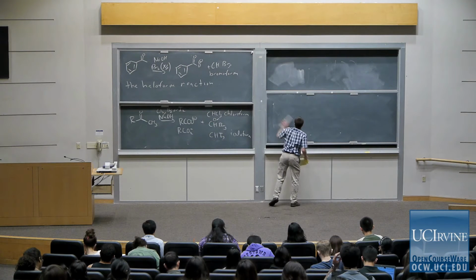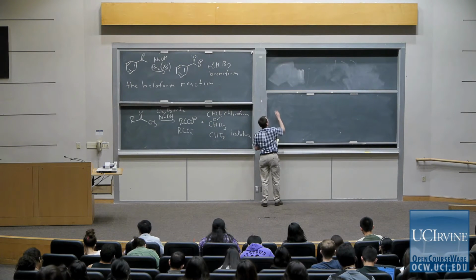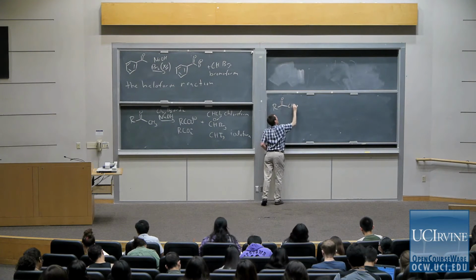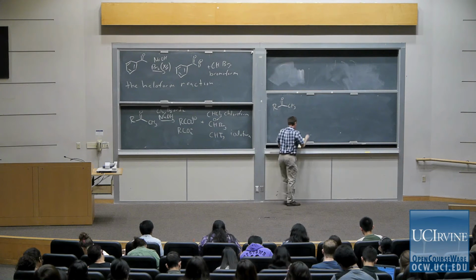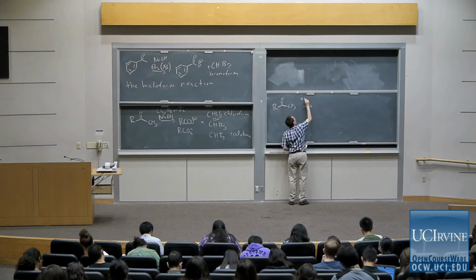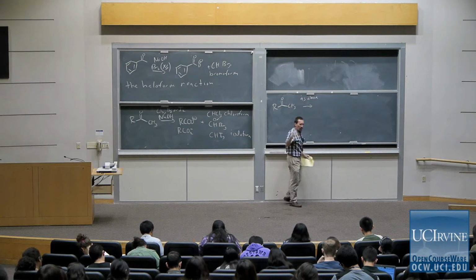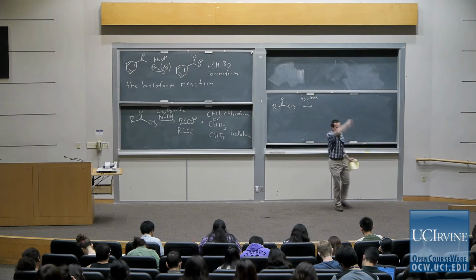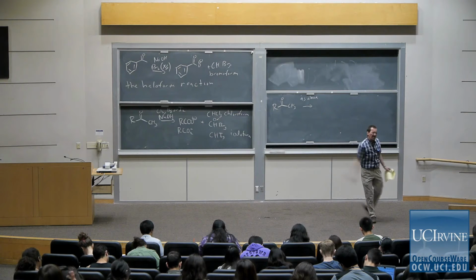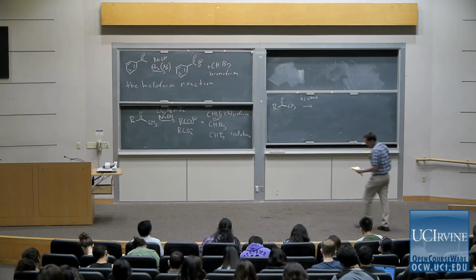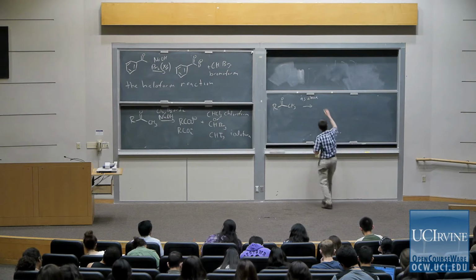So I'm going to start, we'll do this on our generic methyl ketone, like so. And I'll say as above. By as above, of course, I mean form the enolate, alpha halogenate, form the enolate again, alpha halogenate again, form the enolate once again, alpha halogenate once again.